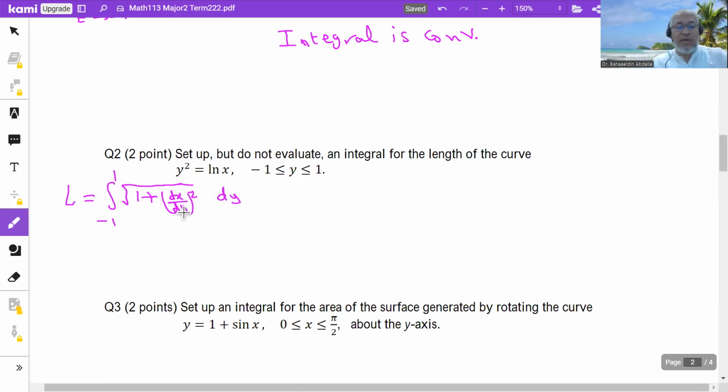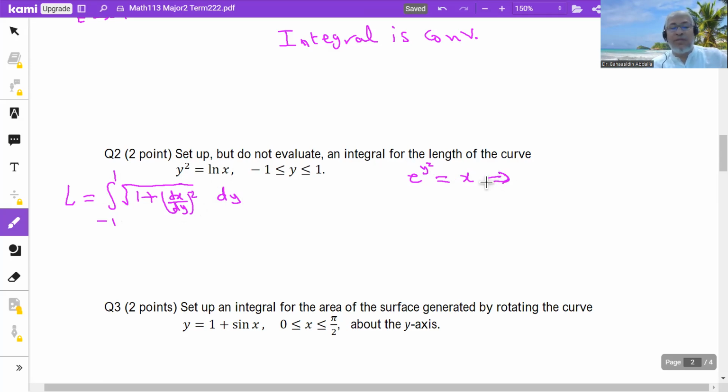So I need dx by dy. So he gave me here y squared equals ln x. Well, I need to solve this equation for x to be able to find dx by dy. So to solve it for x, I'll raise both sides to the base e. So I'll have e to the power y squared equals e to the power ln x, and that's just x because e cancels ln.